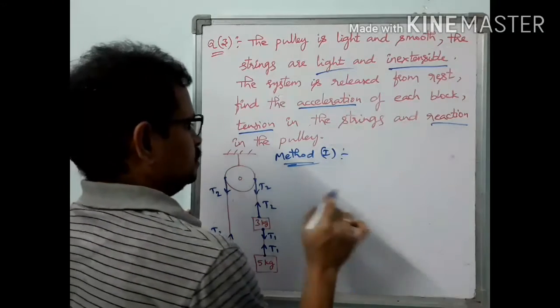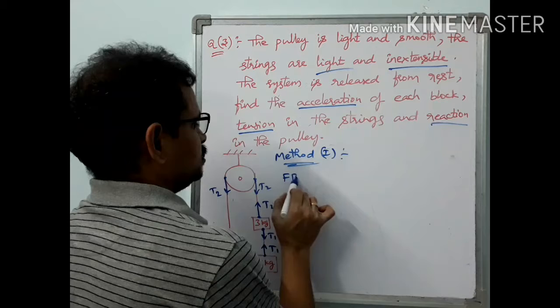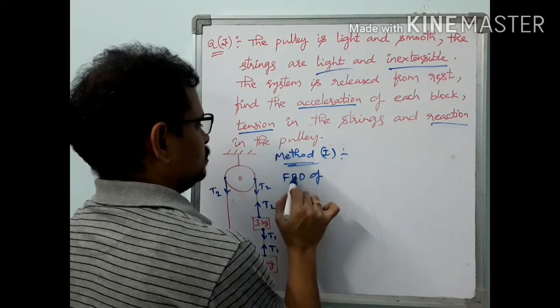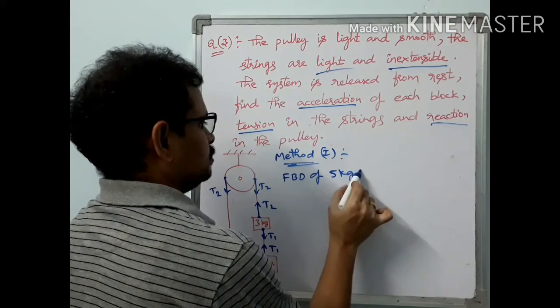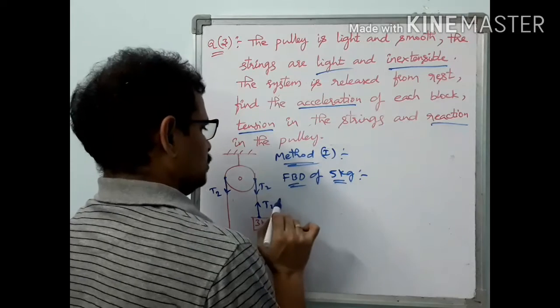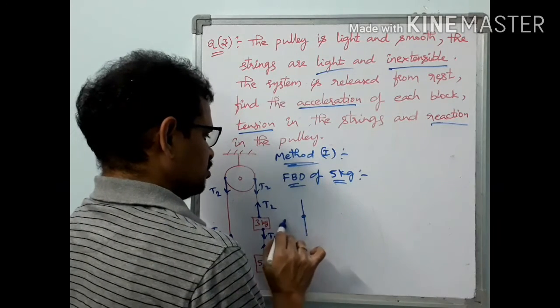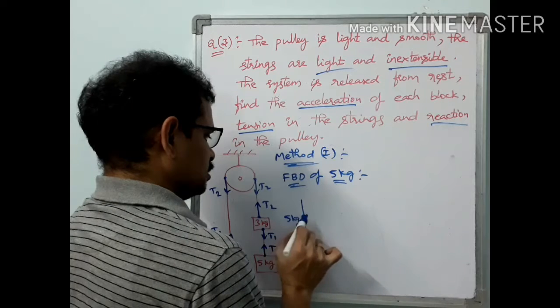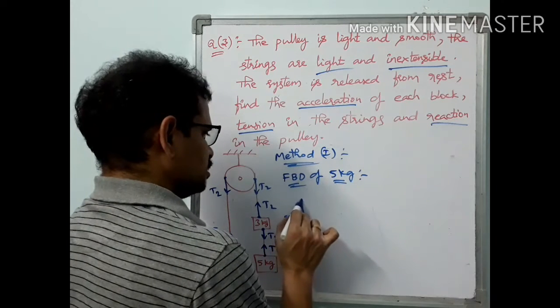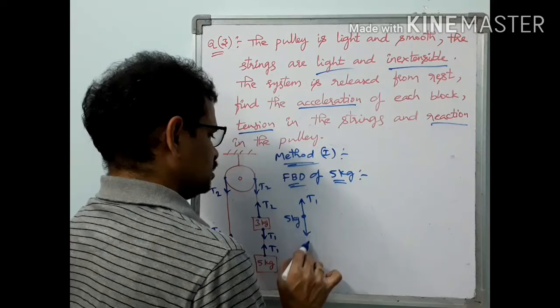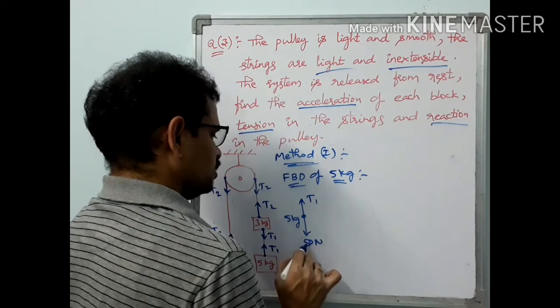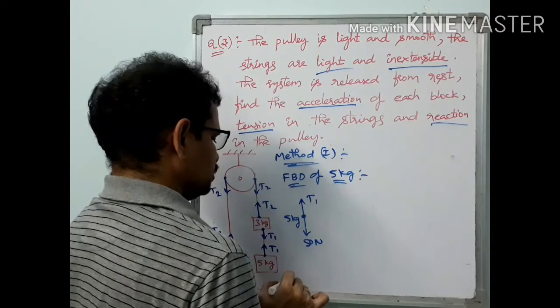Now FBD of 5 kg. Let us take 5 kg as a point mass. So what are the forces? T1 upwards, 50 newtons downwards. What is 50 newtons? Gravitational force.